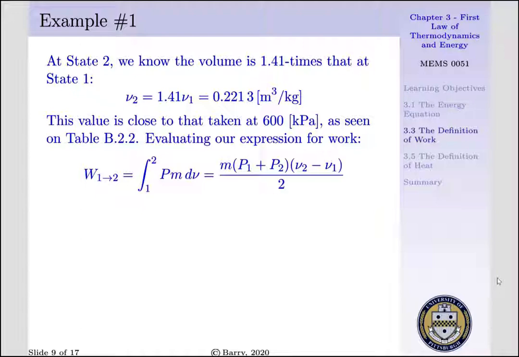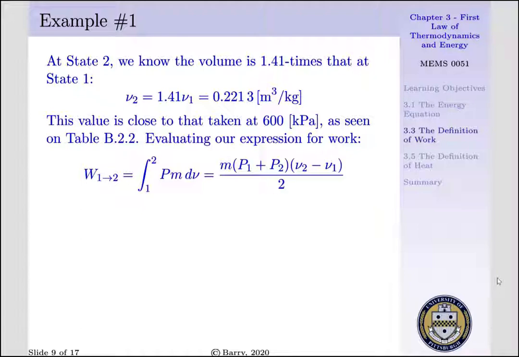Now we have to evaluate our expression for work. That is, our work going from state 1 to state 2 would be equal to the integral from state 1 to state 2 of pressure times our change of volume. And our change of volume can be equal to our mass times the change of our specific volume. Our mass is constant, and this will come outside the integral. Since our pressure increases linearly with respect to volume, we're going to take our average pressure. That is P1 plus P2 over 2.